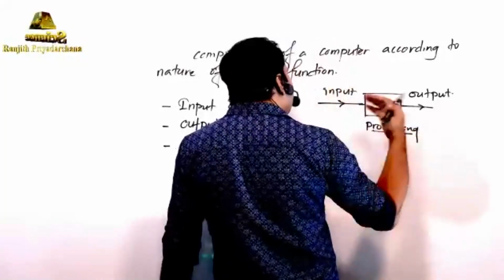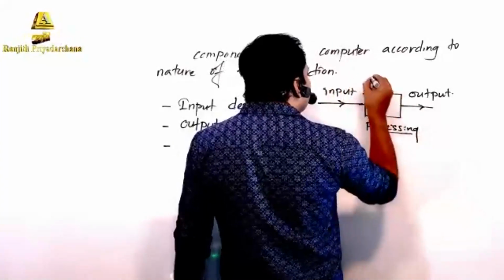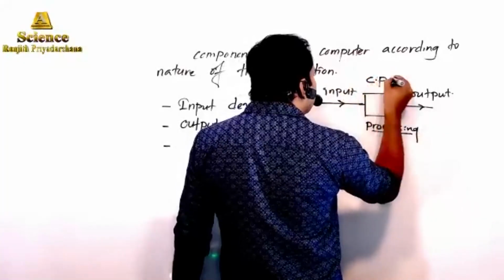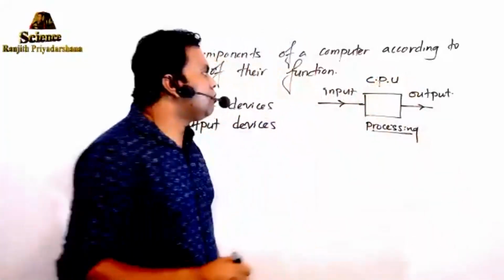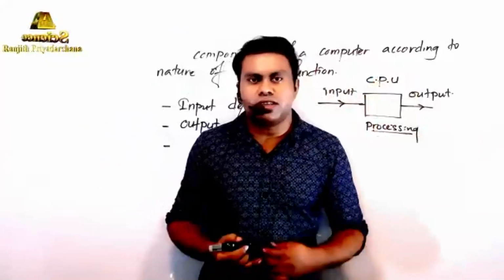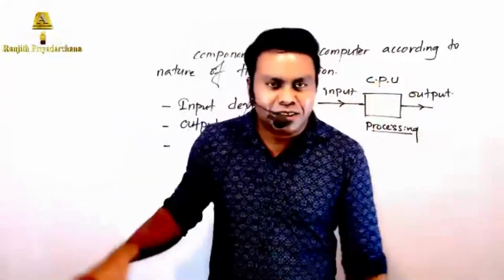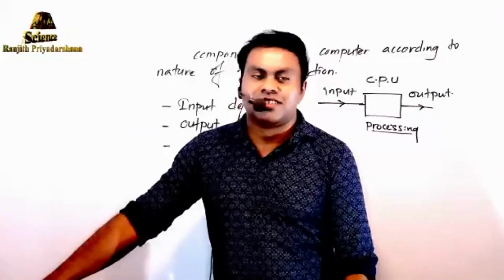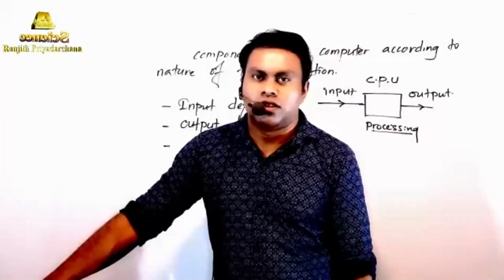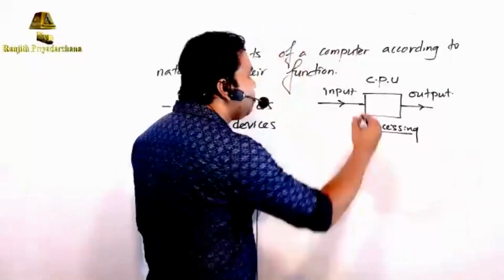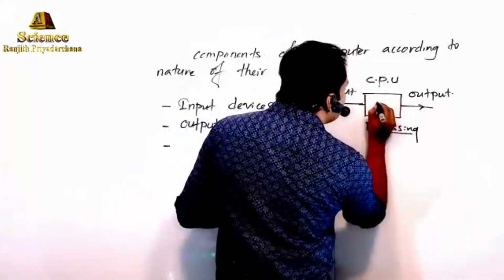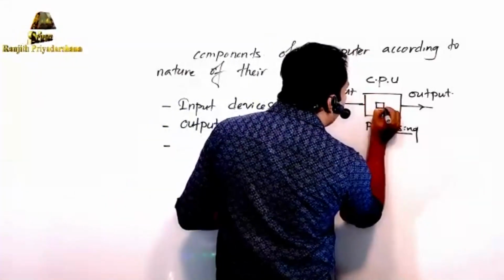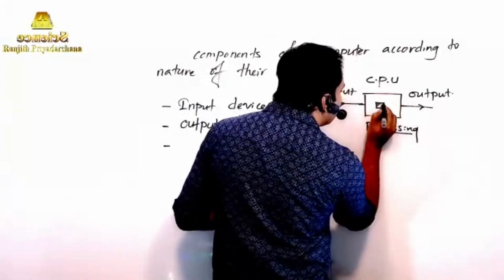The central processing unit in the computer. Is it the system unit? No, it's not the system unit. That CPU exists in where? It exists in the motherboard. So this is the central processing unit.